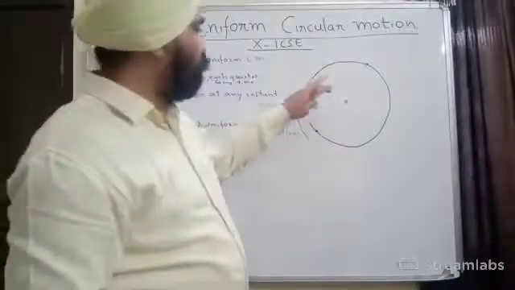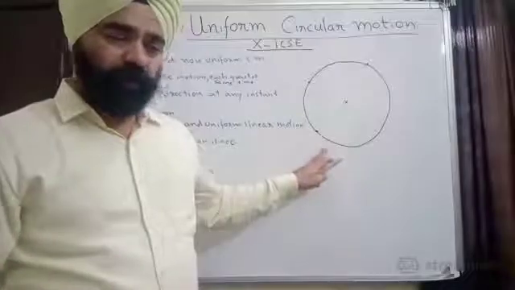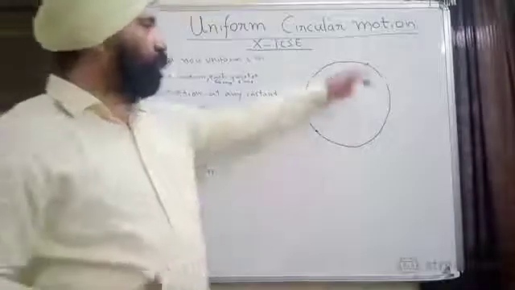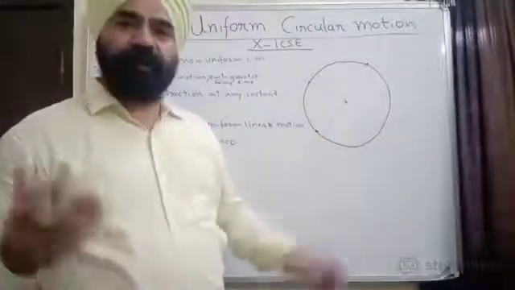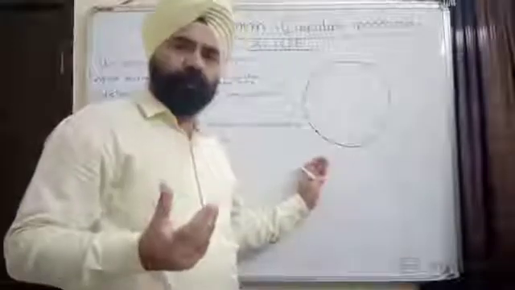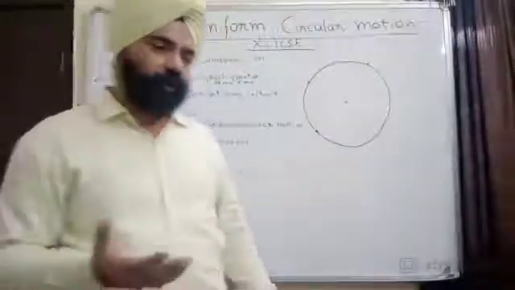Which means if the speed at all these three positions is the same, then what kind of circular motion are we talking about? Quick. Punch in your answers, let me see.